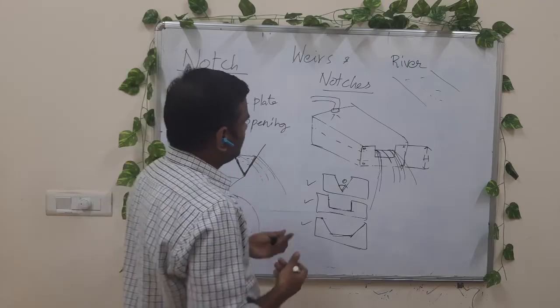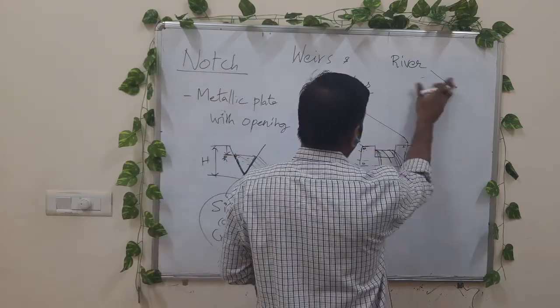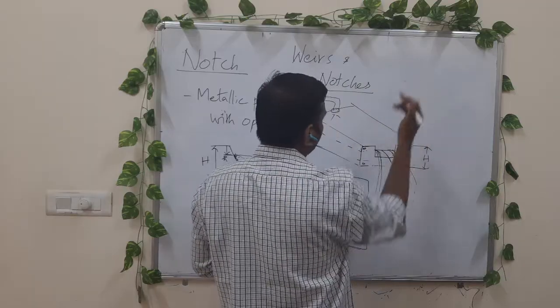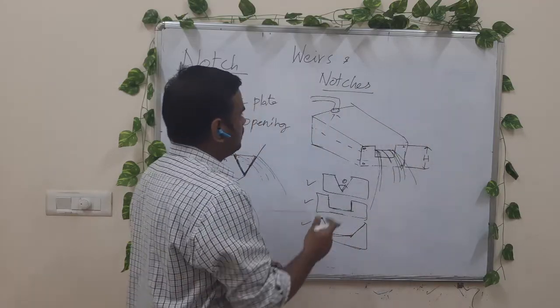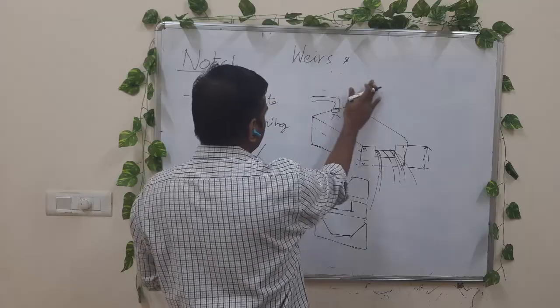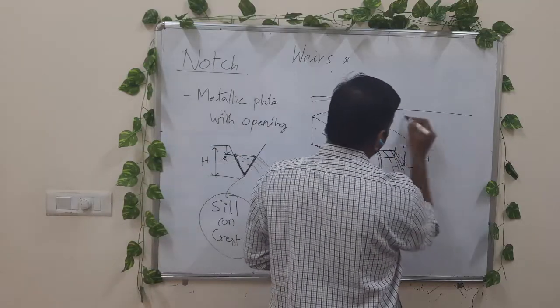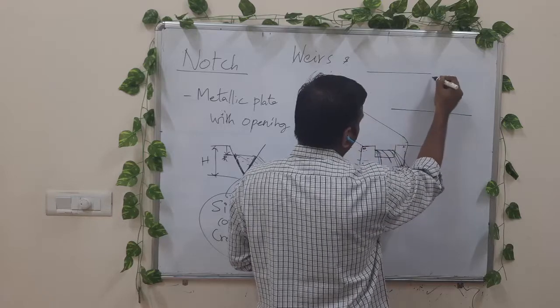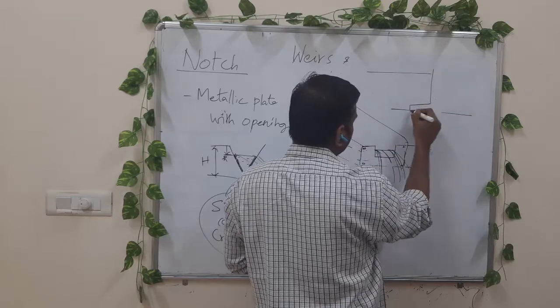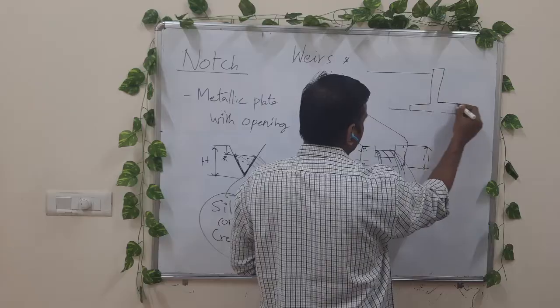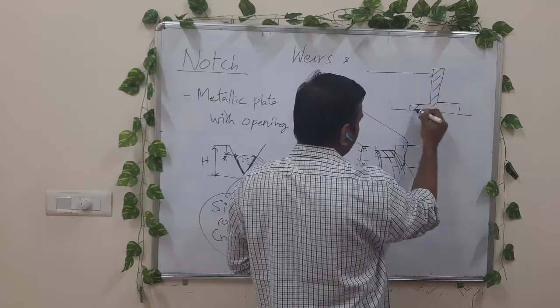And what is a weir? A weir is similar to a notch, but it is used for large scale applications like rivers. Coming back to weirs, say we have a reservoir tank. What we make is a cement concrete structure. It's a side view.